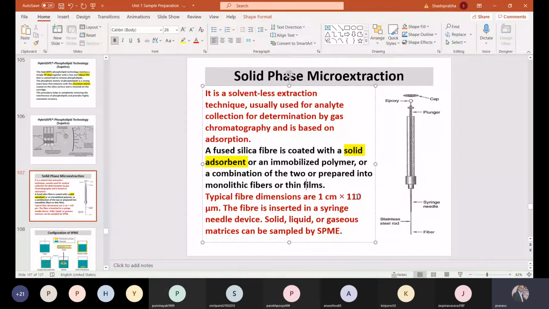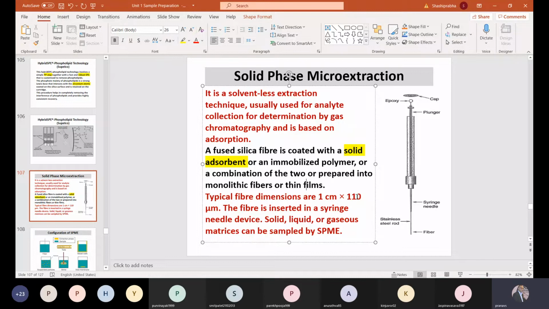It will immediately release the analyte into the system. So there is no need for any extra things involved in sampling in solid phase micro extraction. It is that simple.